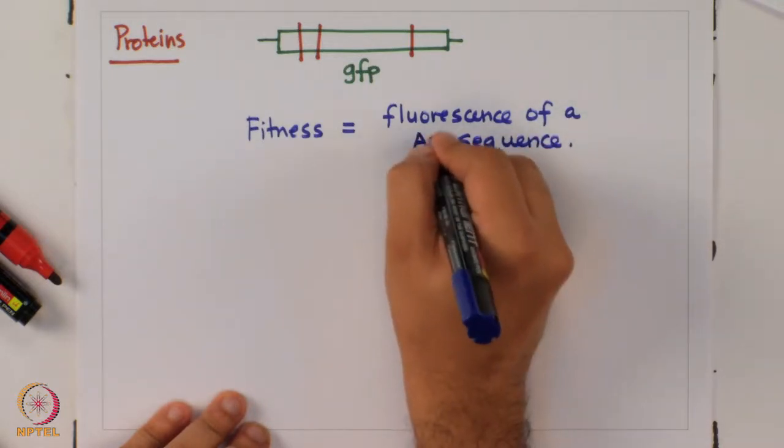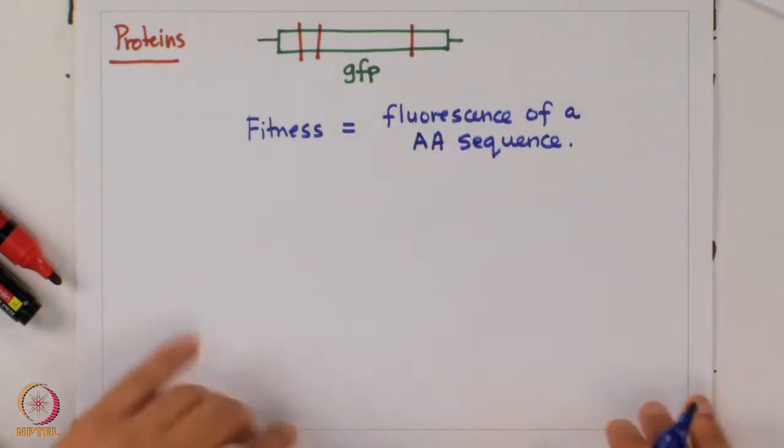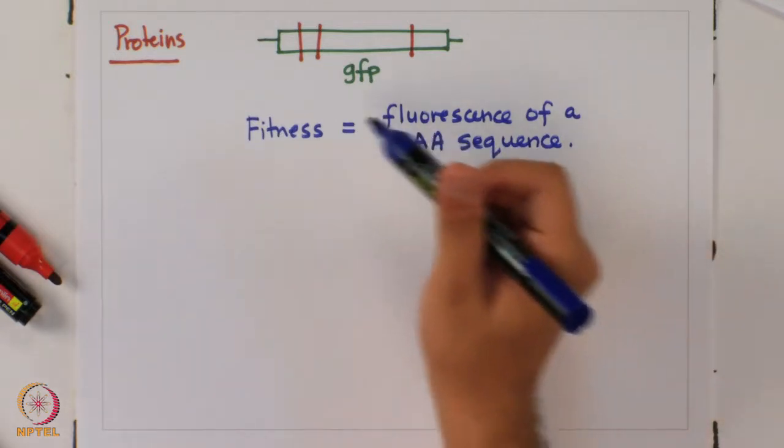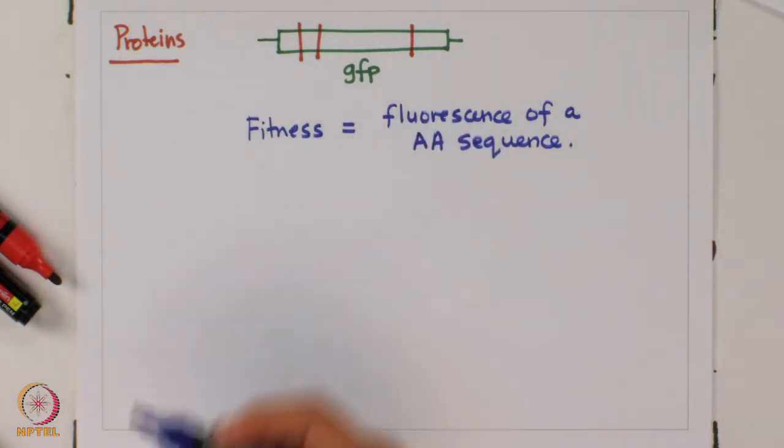This is an amino acid sequence. Because I am changing residues here, the resultant protein that I am going to get could be more or less fluorescent than the original amino acid sequence that I started with, and hence I am relating the fluorescence from a particular sequence to the fitness of that particular amino acid sequence.